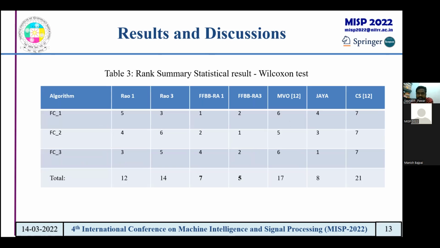Also, the Wilcoxon test was used for the statistical result, and the rank summary is given. This also gave a good result. FABB array 3 has a total of 5 and FABB array 1 has 7. The lower the rank, the better the algorithm's significance over the other algorithms. So FABB array 1 and FABB array 3 showed good performance.